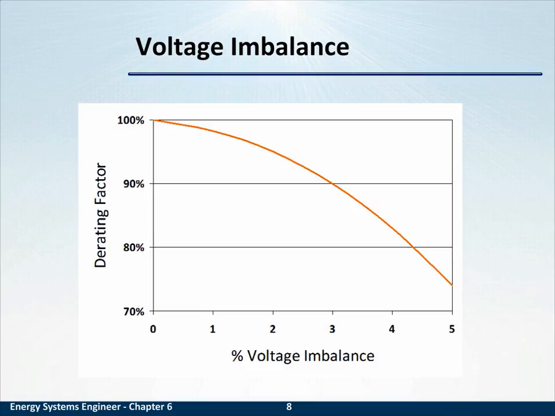If your voltage is imbalanced by 3%, you can derate your motor to only 90% of nameplate. If your voltage imbalance is 5%, you can derate your motor to 74% of nameplate rating.